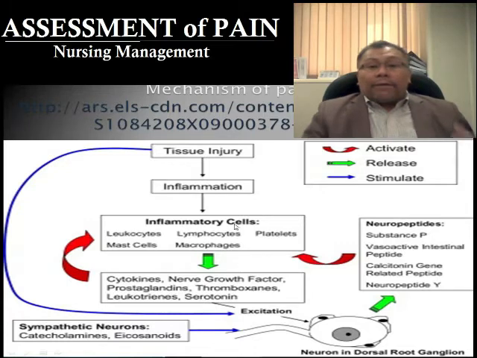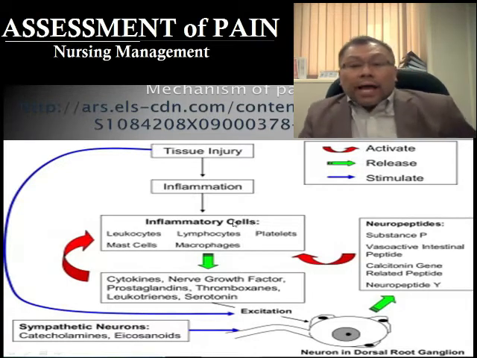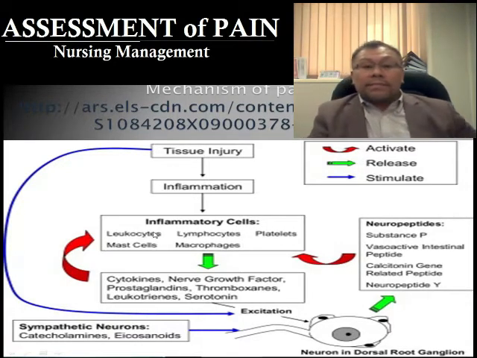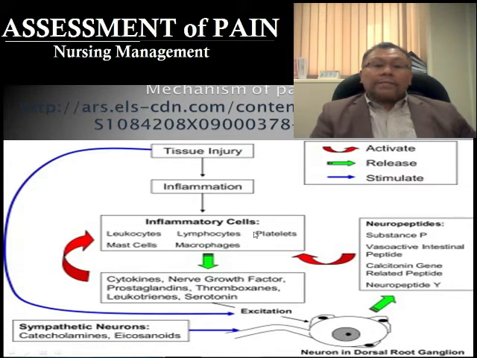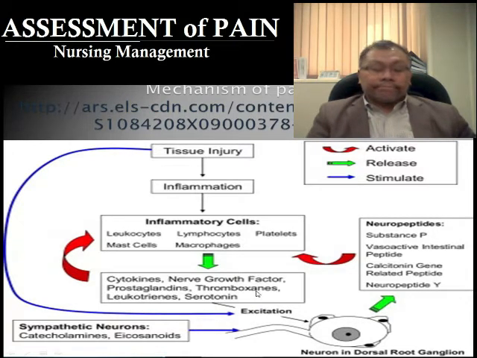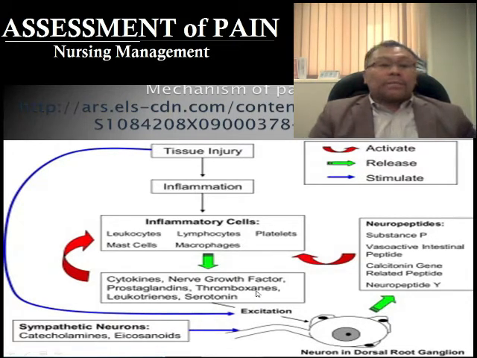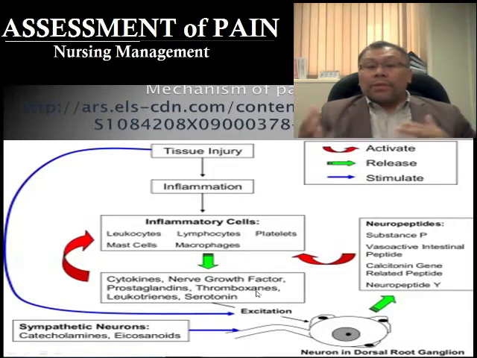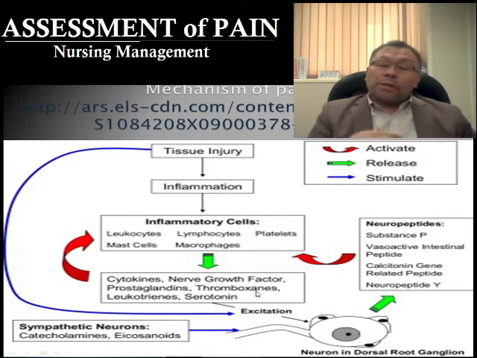So from here, it will produce inflammation to the cells: the leukocytes, the mast cells, the lymphocytes, the macrophages, and the platelets. It will release the cytokines, nerve growth factor, the prostaglandins. We have the thromboxanes, the leukotrienes and serotonins. So these will release and activate the neuropeptides.